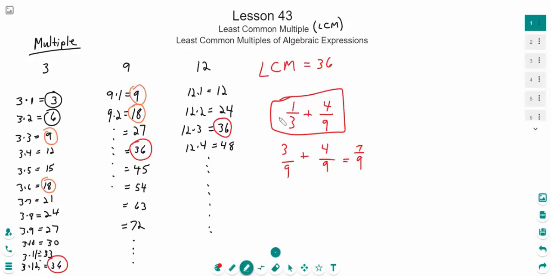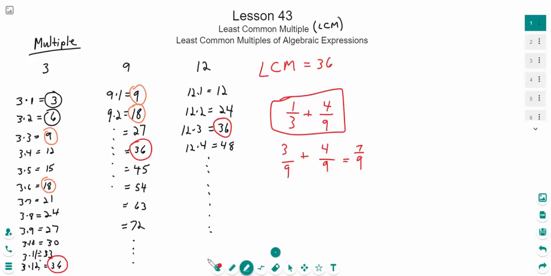Let's say in a scenario where you're trying to find the lowest common denominator, for example. It's going to be a little bit difficult. So let's talk about another method to find the lowest common multiple that doesn't involve all of these tables with all these values and all this multiplication going on. There's an easier way to find the lowest common multiple. So let's just talk about that.